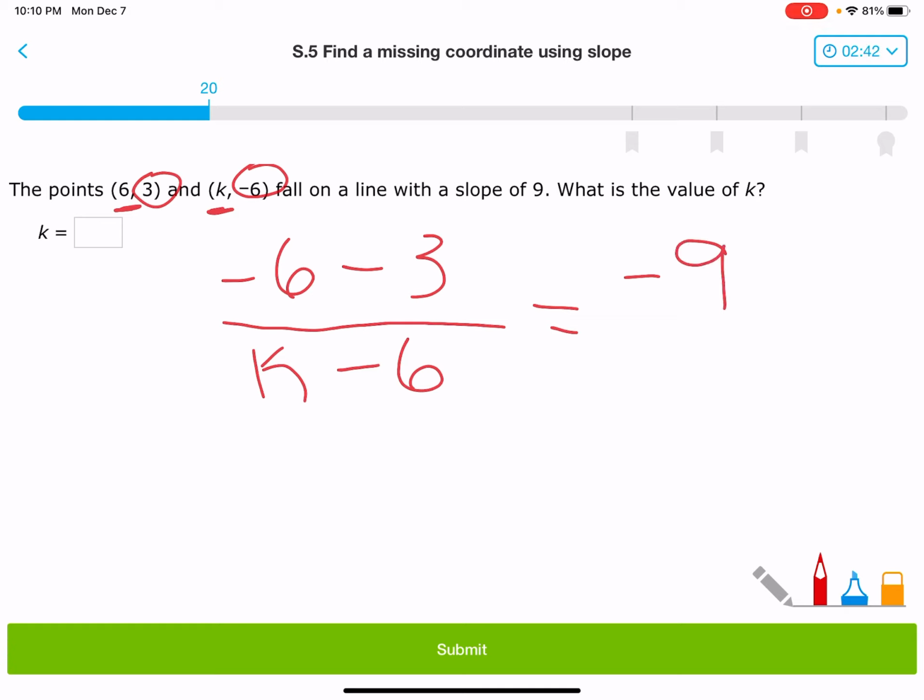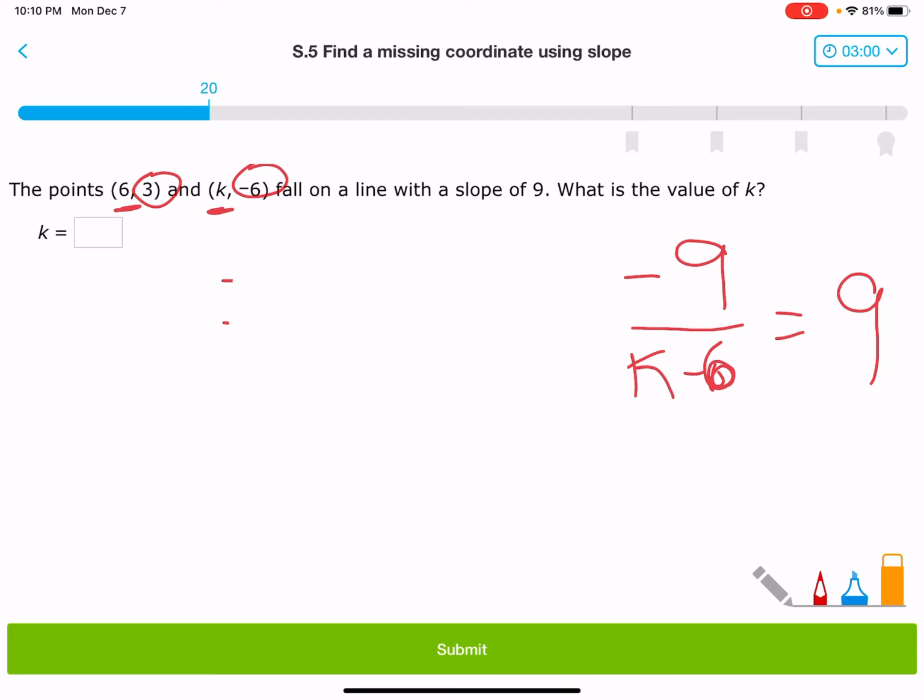And k minus 6 we don't know. This formula is going to equal our slope of 9. Now, how do we solve this? Well, we could use cross multiplication. So how do we write 9 as a fraction? Well, we put it over 1.